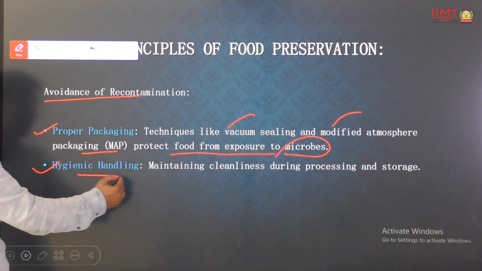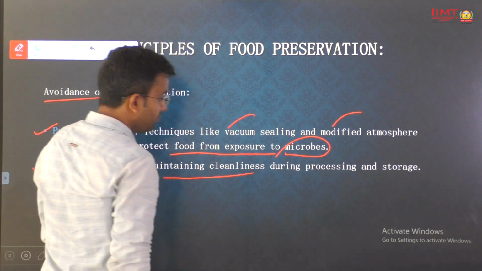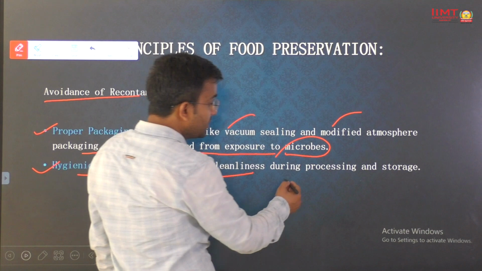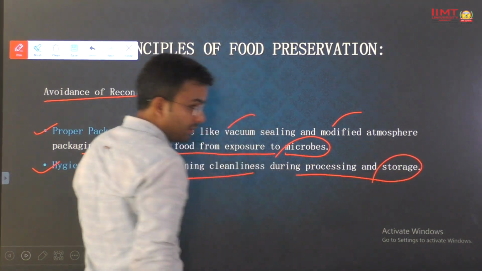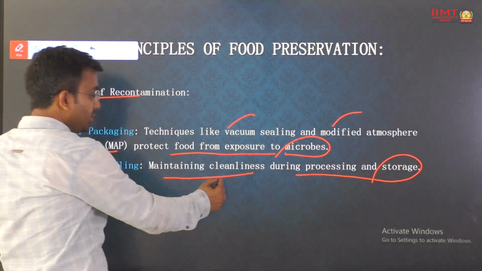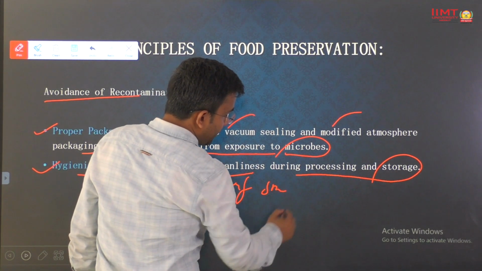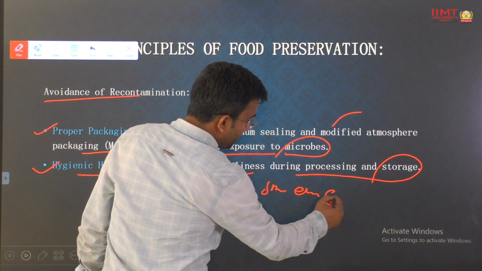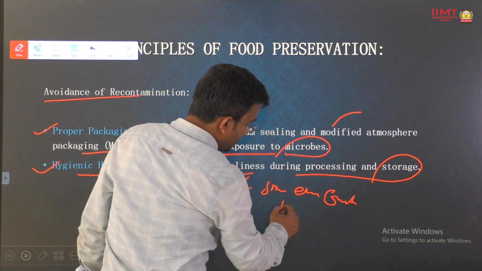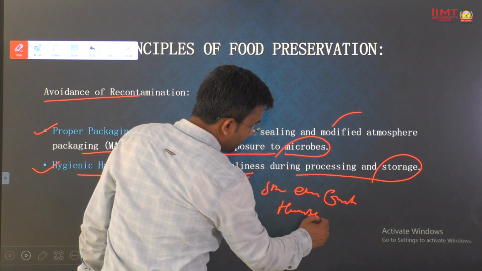And second is hygienic handling: maintain cleanliness during the processing, storage or eating, in the manufacturing unit, in the distribution unit, even in the consuming unit, means human beings.